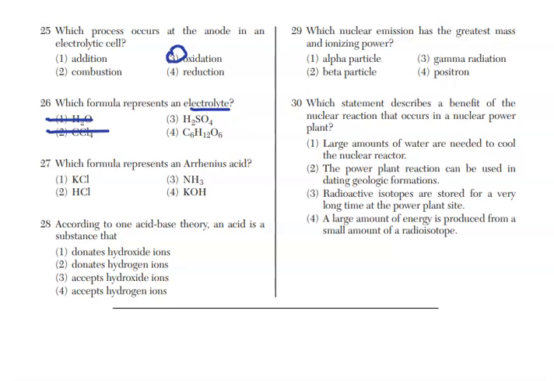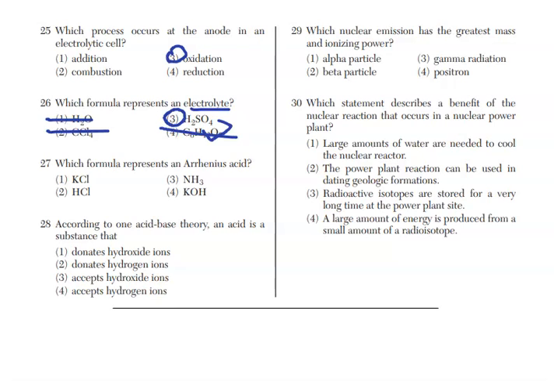Our answer here is choice 3. We have an acid. There is a reference table that lists common acids and common bases. Your common acids, your common bases, and your soluble salts are all electrolytes. Now, choice 4, which is glucose, is soluble in water, but it does not break apart into ions, so that is not our answer either.